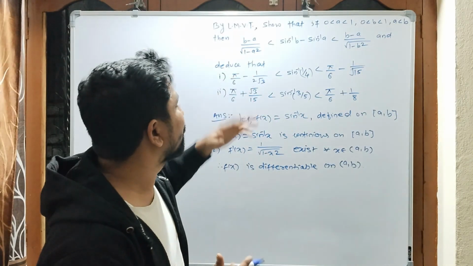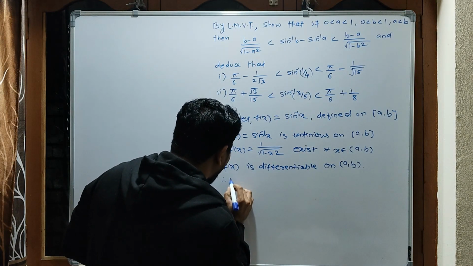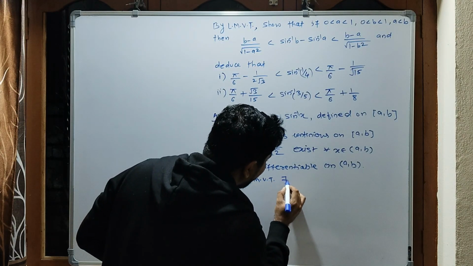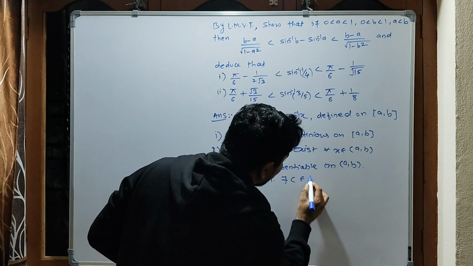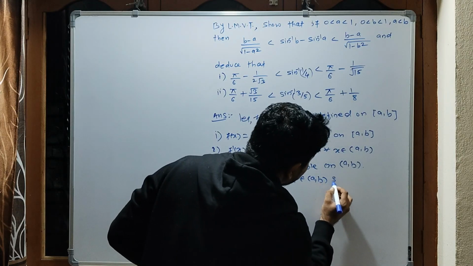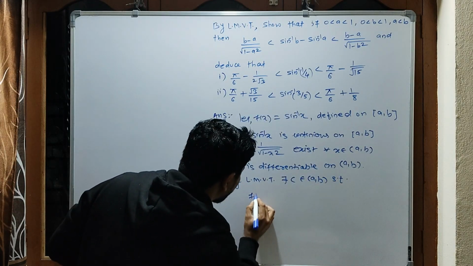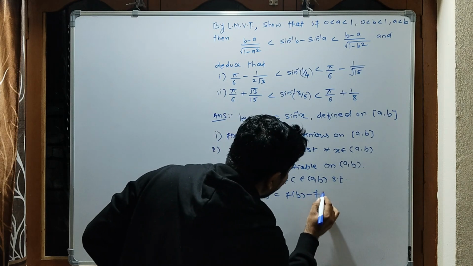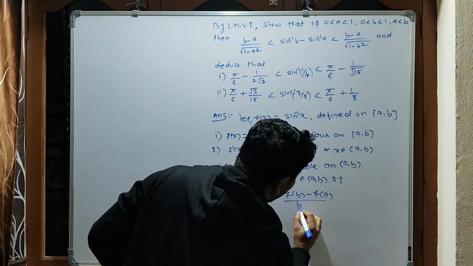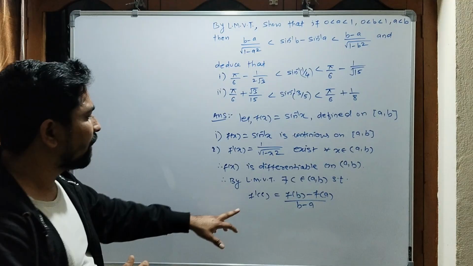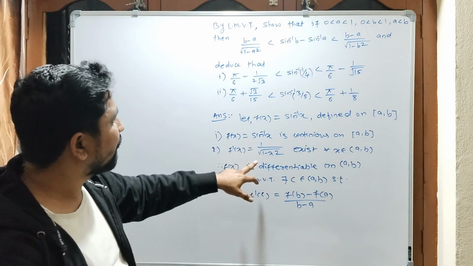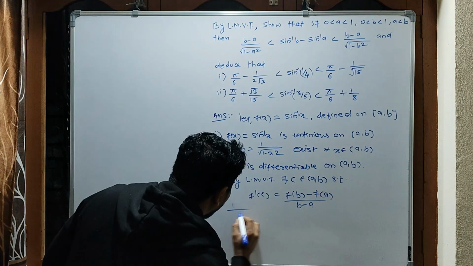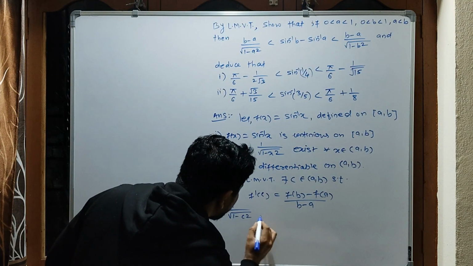So by Lagrange's mean value theorem, there exists c belongs to the open interval a b such that f dash of c equal to (f of b minus f of a) divided by (b minus a). So now f dash of c: f dash of x equal to this, therefore f dash of c equal to 1 by under root 1 minus c square.